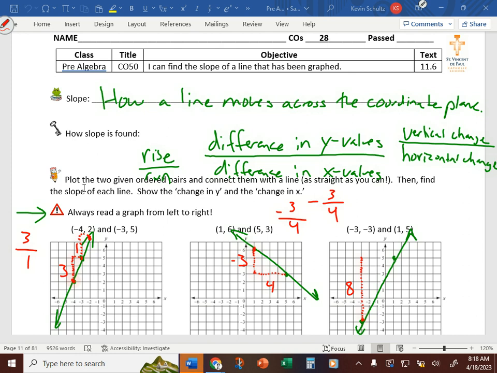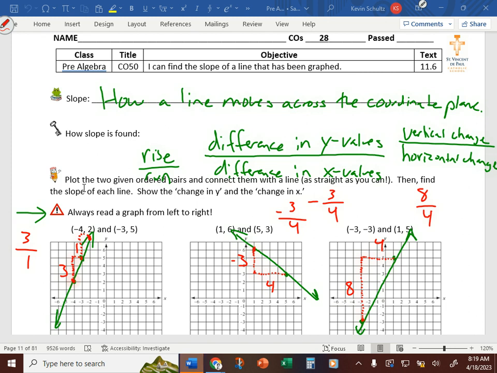And then my horizontal change, how far did I go? 4. And so what's my slope? Rise over run, put it together as a rate. What's my slope? 8 over 4. Now, because this is a fraction, what should I do?